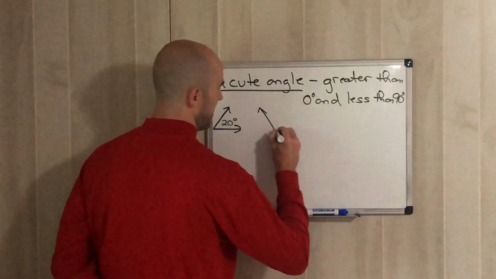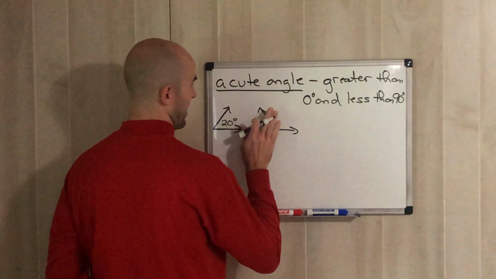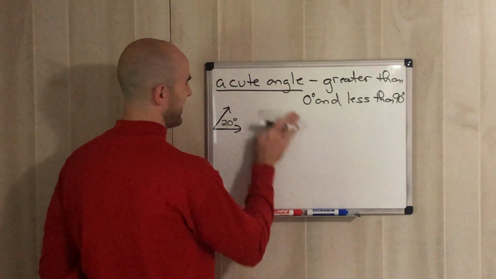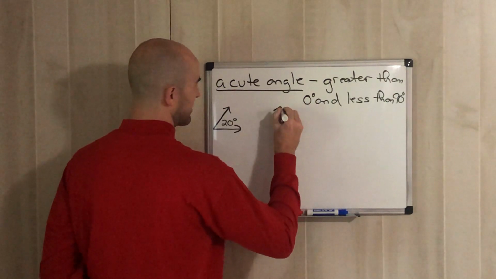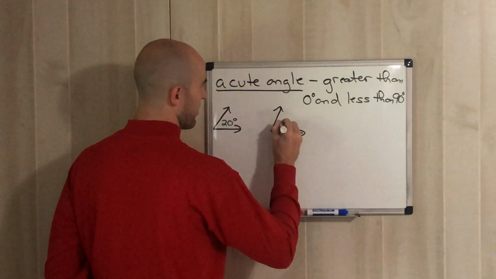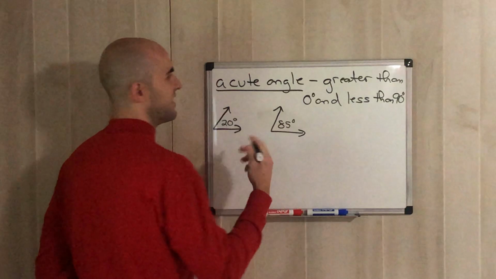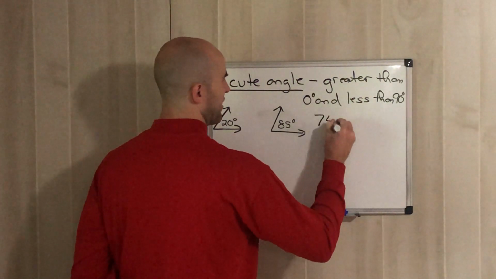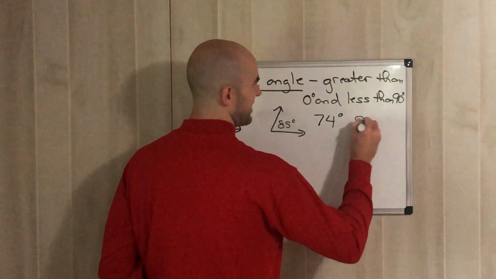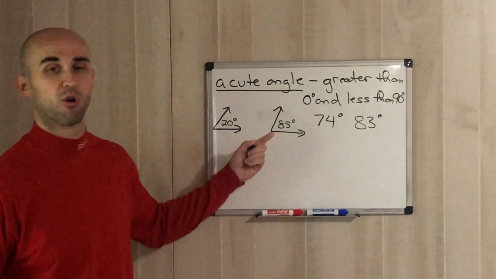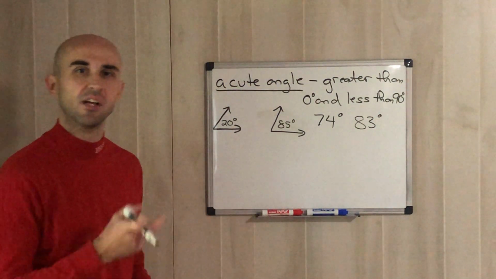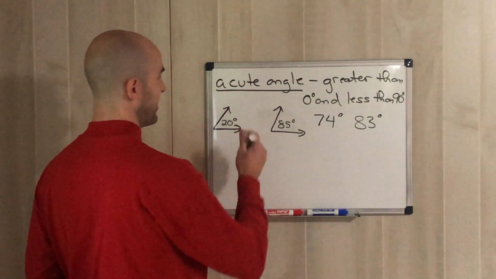Sorry about that, that was my mistake. If you have something that looks like this, where that would be 85 degrees, that would be acute. Something that's 74 degrees, something that's 83 degrees. All of these are acute angles because they're all greater than 0 and less than 90. So if it's between 0 and 90, it's acute.